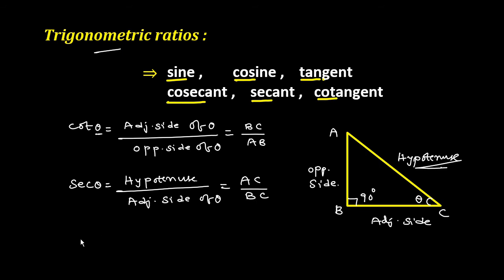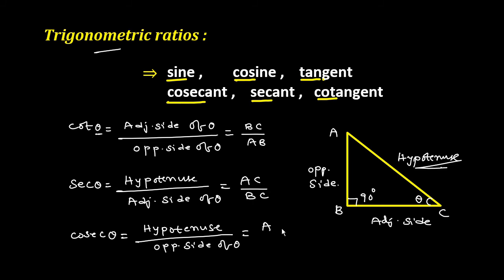Last but not least, cosecant theta, shortly cosec. Cosecant is the ratio of hypotenuse and opposite side of theta. So cosecant theta equals hypotenuse divided by opposite side of theta. Hypotenuse is AC divided by opposite side AB.